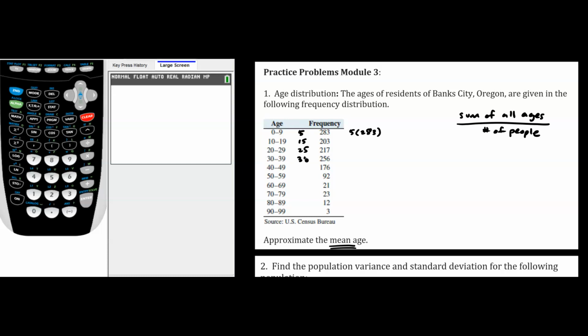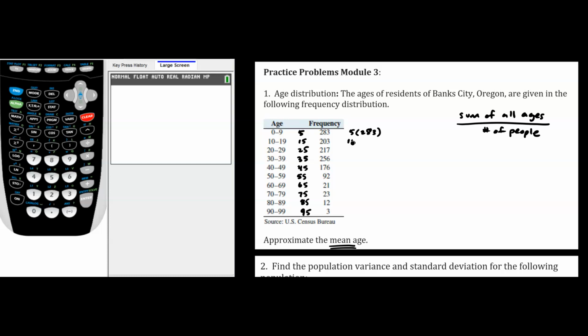The middle of this category will be 35, 45, 55, 65, 75, 85, and then the last one would be 95. And so the sum of all of the ages for the people in each category will be the product of this middle number and this frequency here. This is our approximation of the sum of all of the ages in each category.